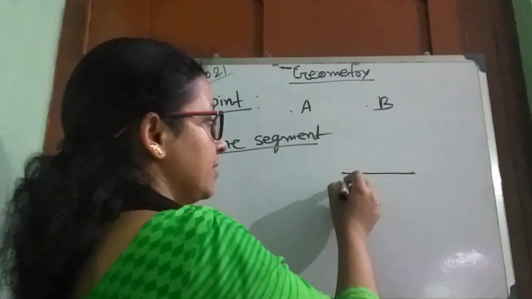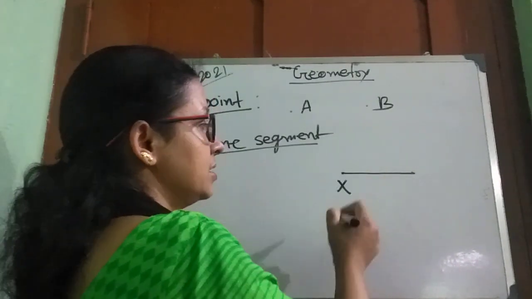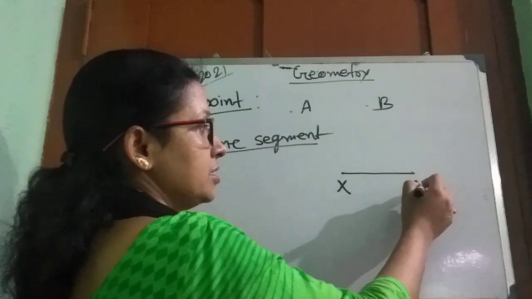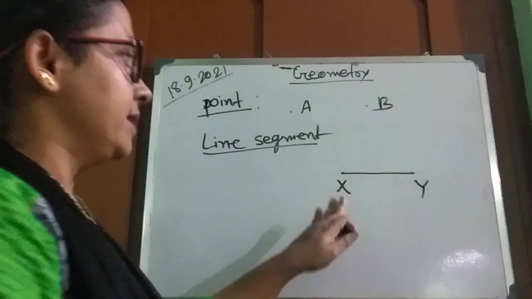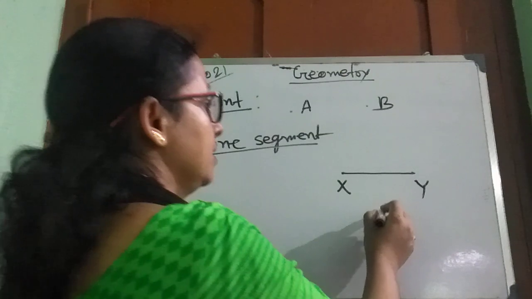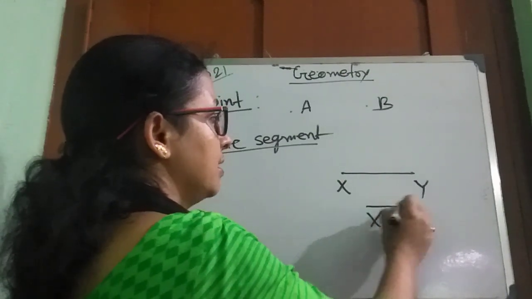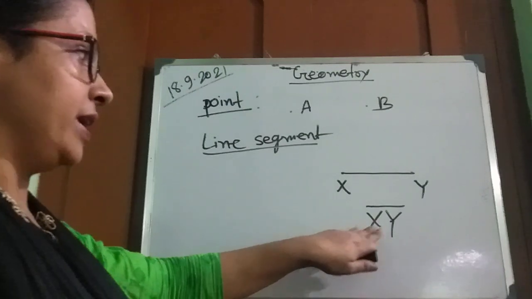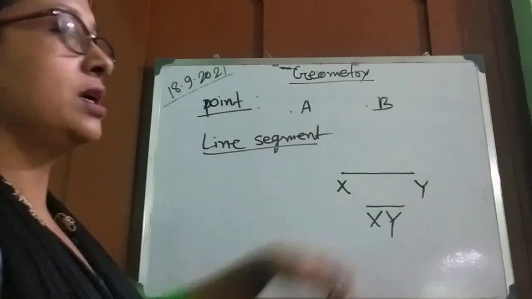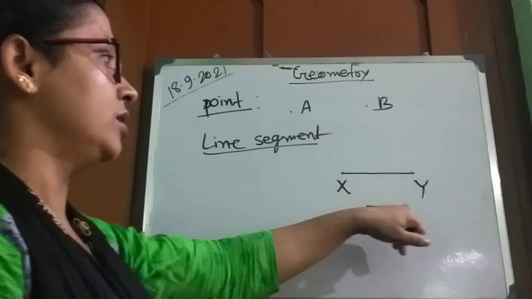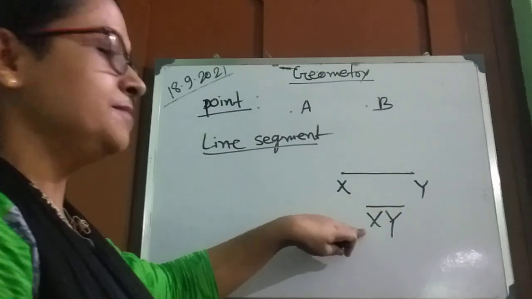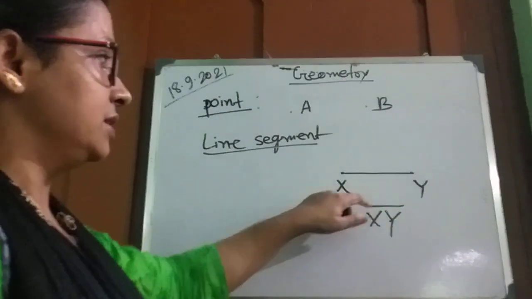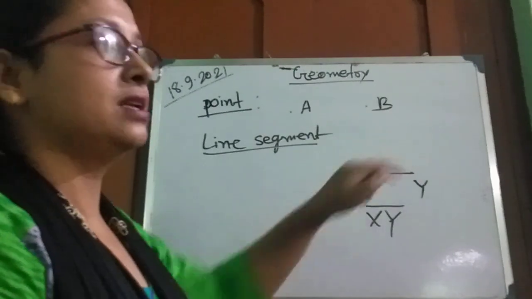And if the first point is x and the last point is y, then this xy is a line segment. It is represented in this way, xy, and you have to give one line segment symbol above the xy. Then it is the representation of this line segment.